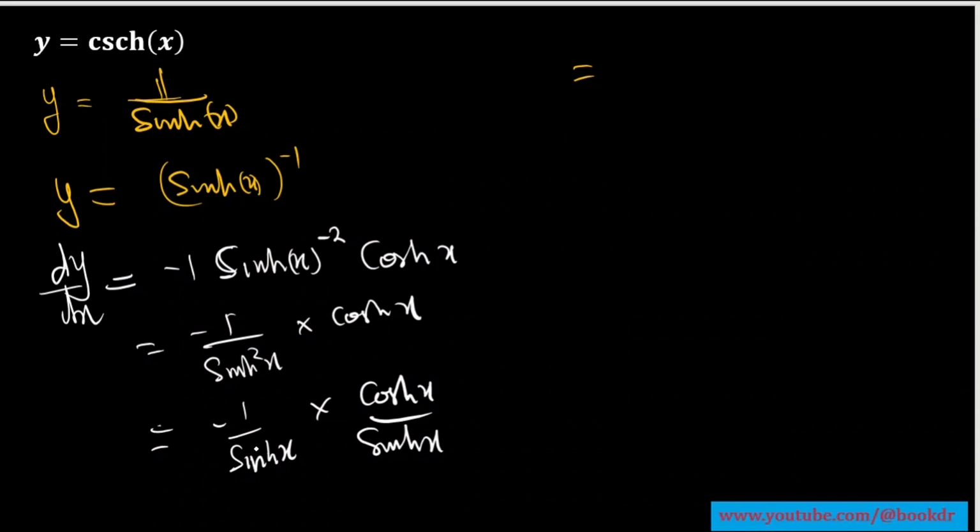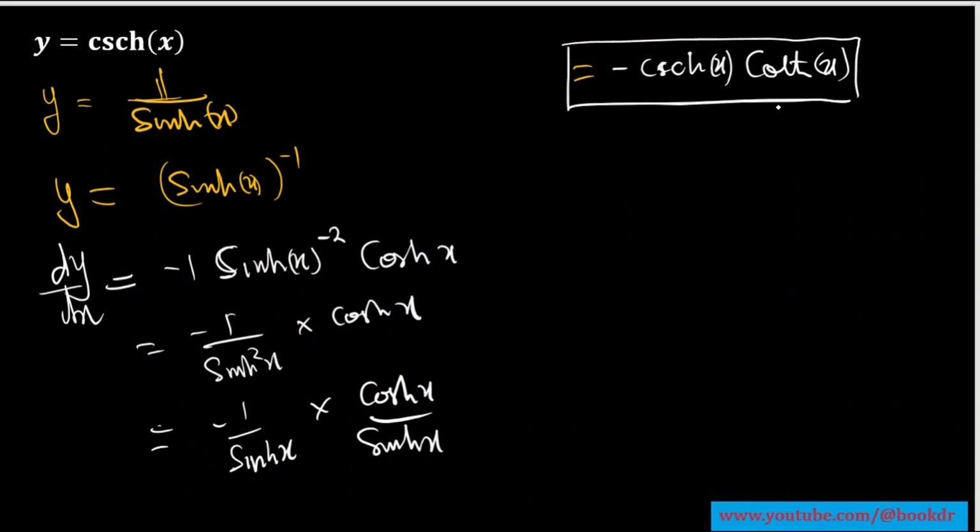This is a reciprocal identity: 1 over sinh x is the hyperbolic cosech x, and cosh x over sinh x is coth x. This becomes the derivative of hyperbolic cosech x.